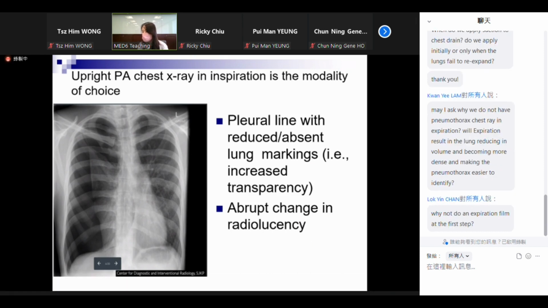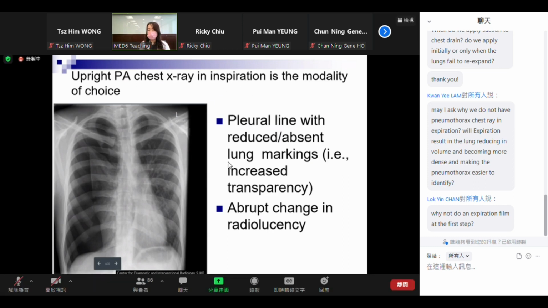Okay. Why not do an expiratory film? Yes, you can. The standard chest X-ray is a PA film, full inspiratory. If you do not really suspect pneumothorax clinically, the first step is the standard PA inspiratory film.